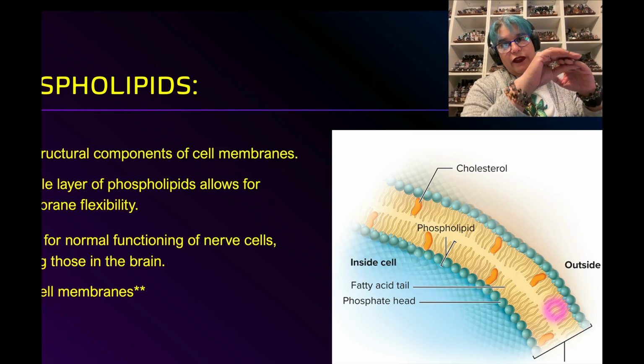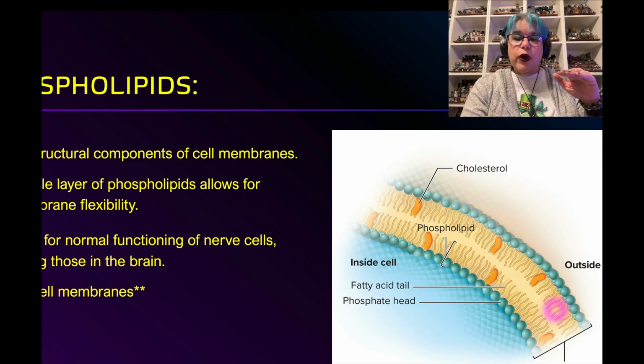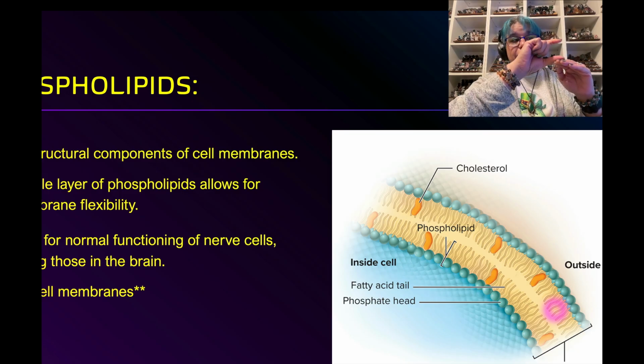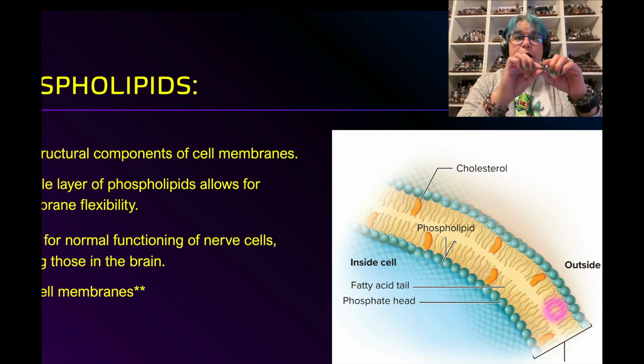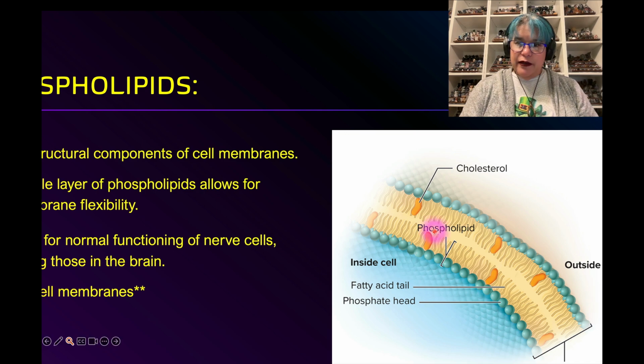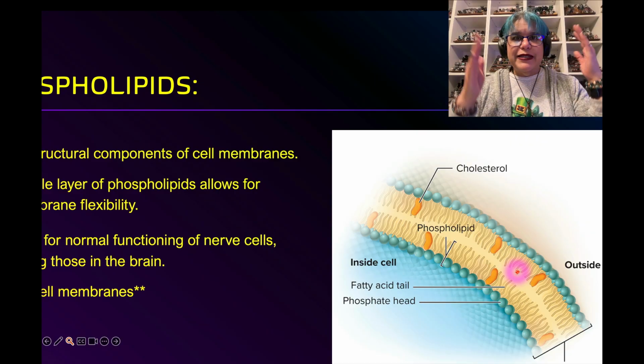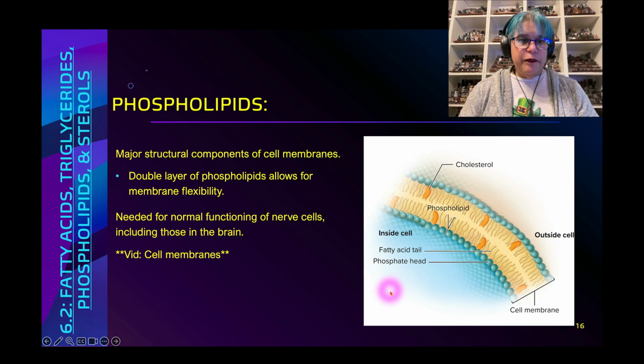But in between those two layers, where the rubber is in the middle of the outside and inside, is where all the tails would be. So I've got some facing out, some facing in, but that middle section here, all of the tails are huddled together trying to escape the water that exists outside and inside of my cell.